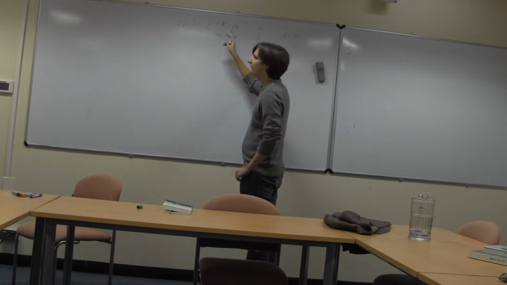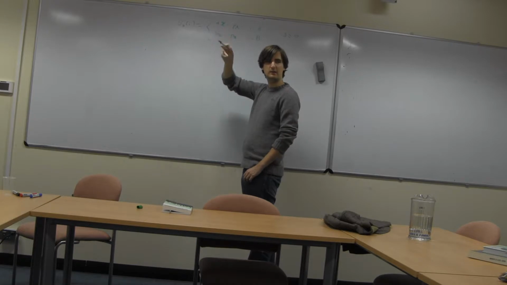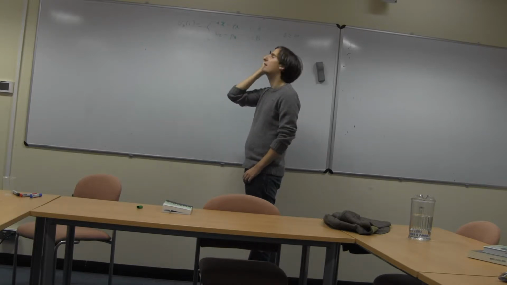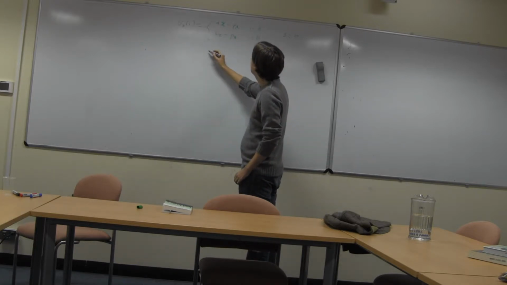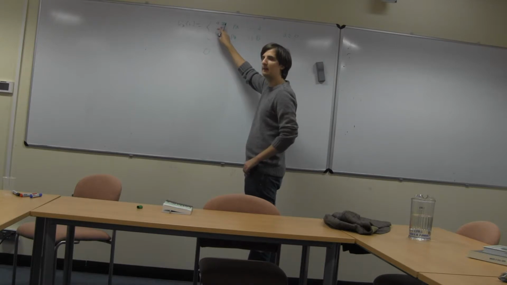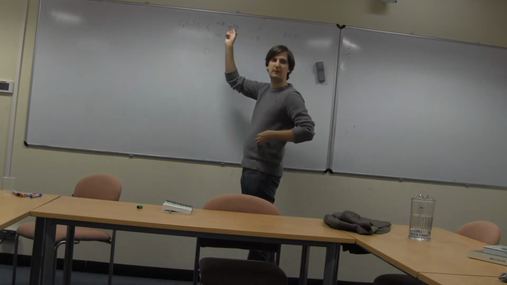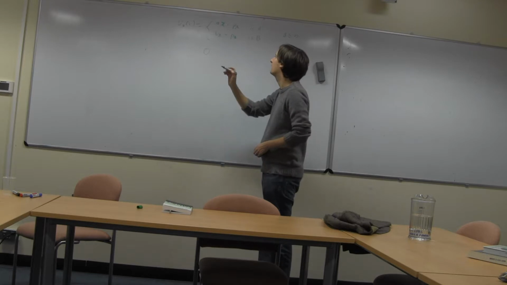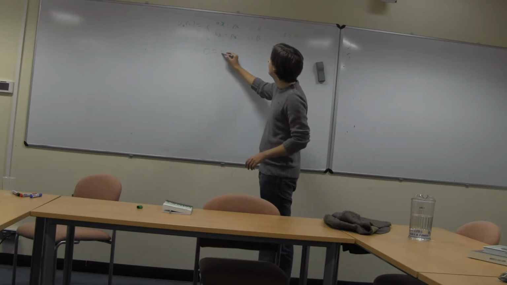So if you like, we can find the indifferent consumer, the consumer who's just indifferent between buying a good and not buying a good. There's going to be one consumer who's just indifferent between buying A and not buying anything, and one who's just indifferent between buying B and not buying anything. So 0 is going to be equal to AX minus PA.